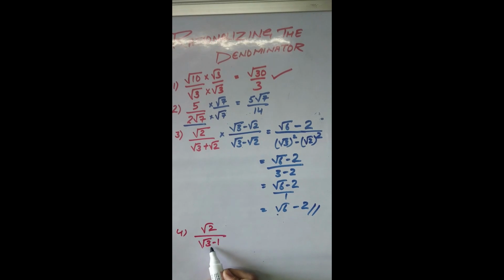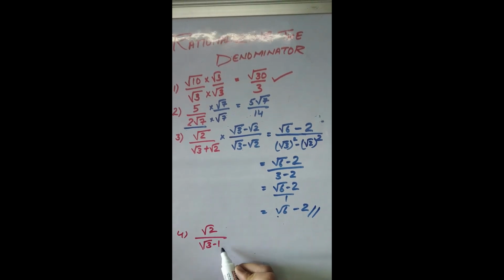We have to make it rational. So if we have to make it rational, just want to tell you, we cannot multiply only with root 3, because when we multiply this with root 3, it will get multiplied with both of them. This irrational will disappear, but an irrational will appear here. This will become 3 minus root 3.